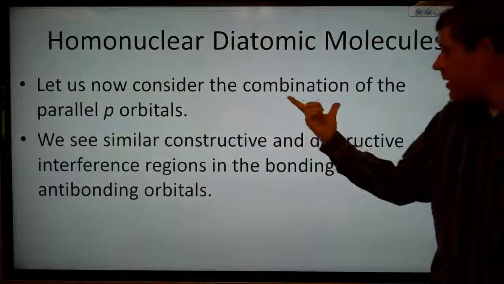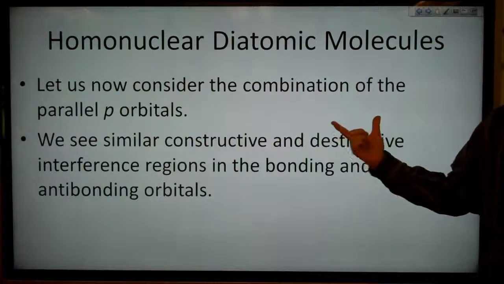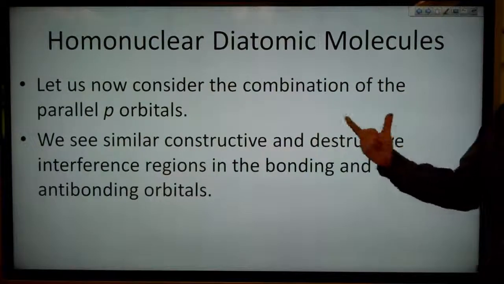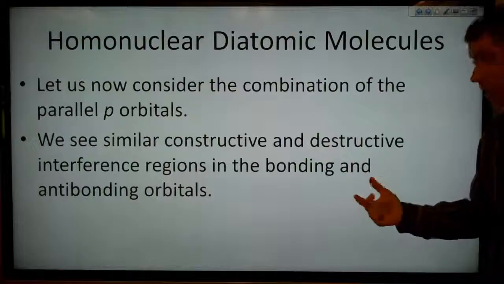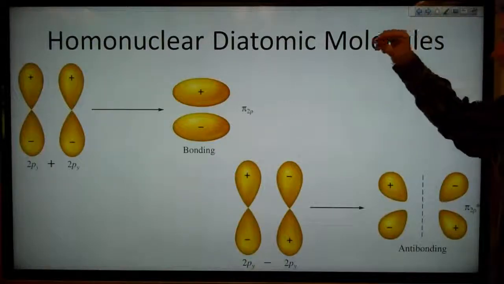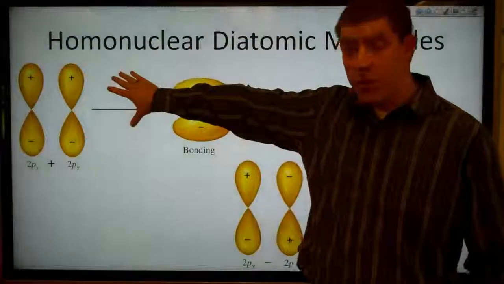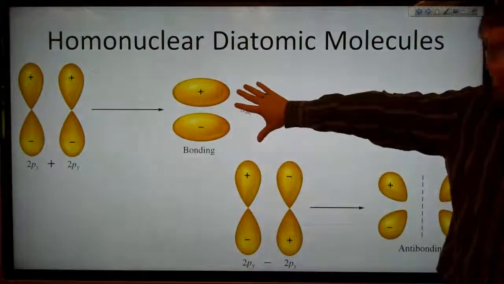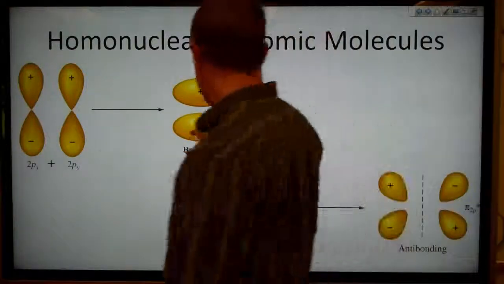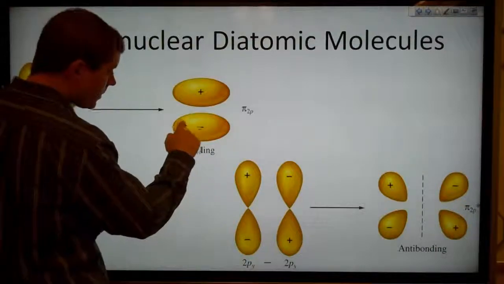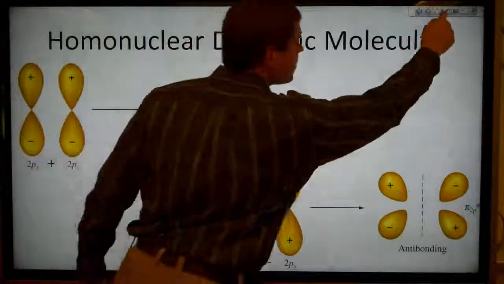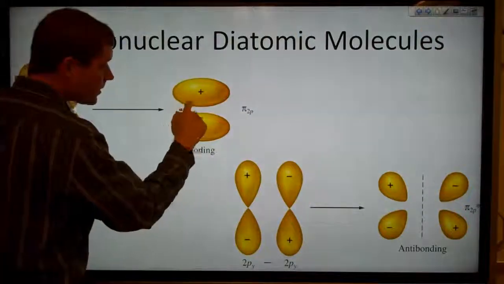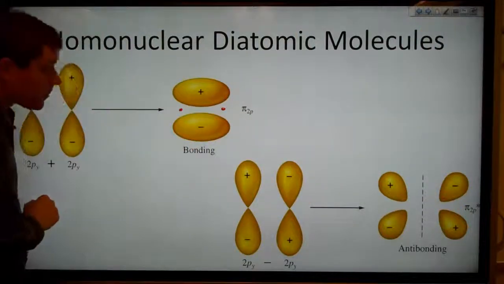So now let's look at the combination of the parallel p orbitals to form the pi bonds. So we see similar constructive and destructive interference in the bonding and anti-bonding orbitals. And so if we have the constructive interference, we get something like this, a bonding orbital. So again, we have our nuclei existing in there.